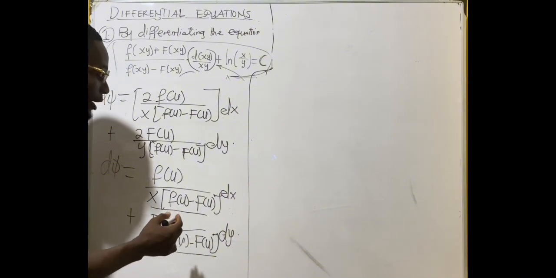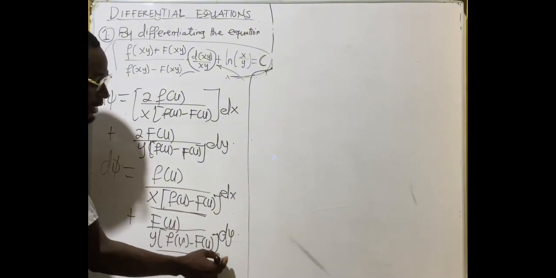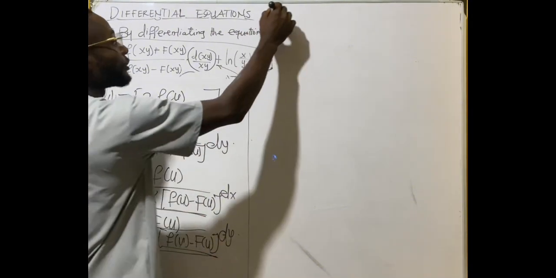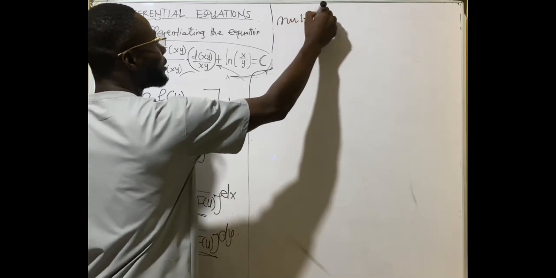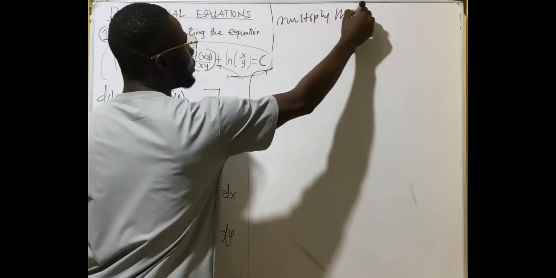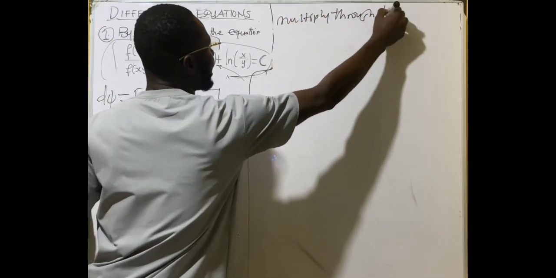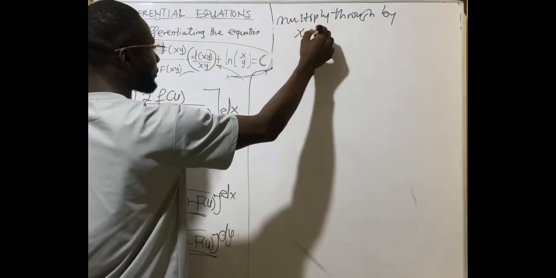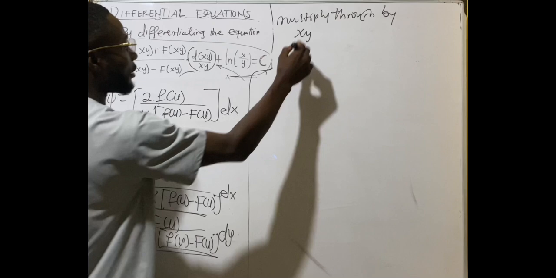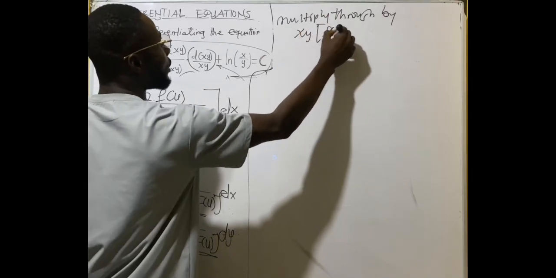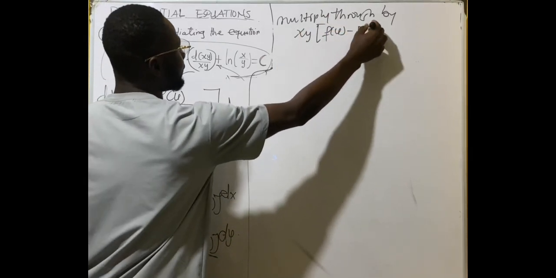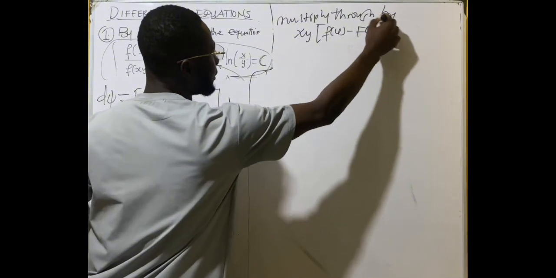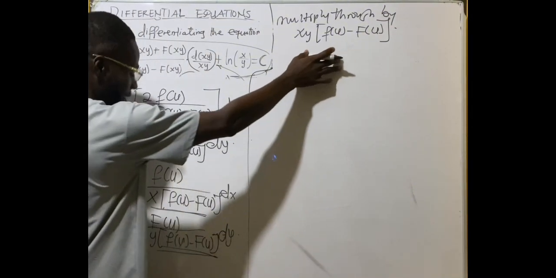So let's multiply through by xy of small f of u minus big F of u.